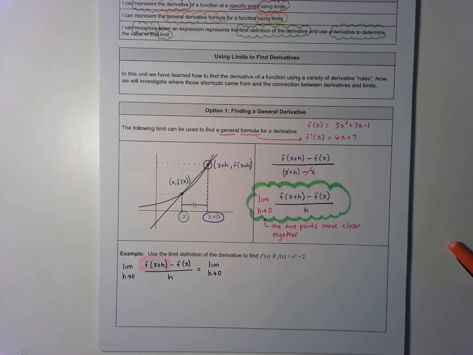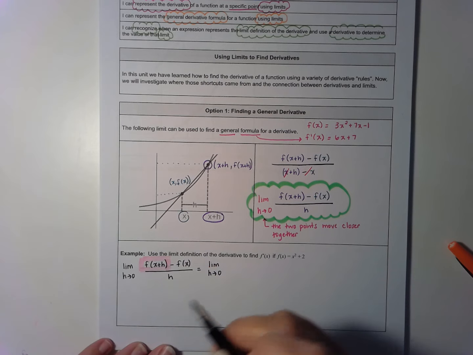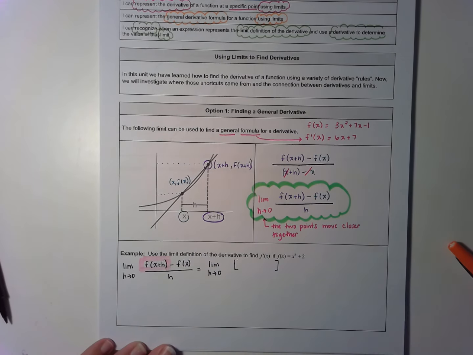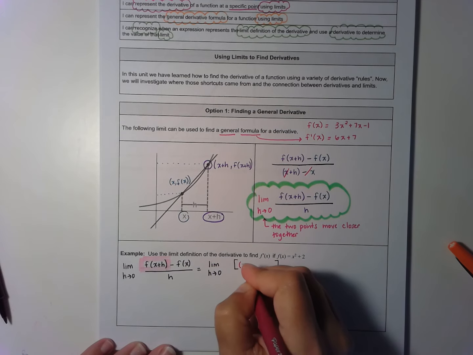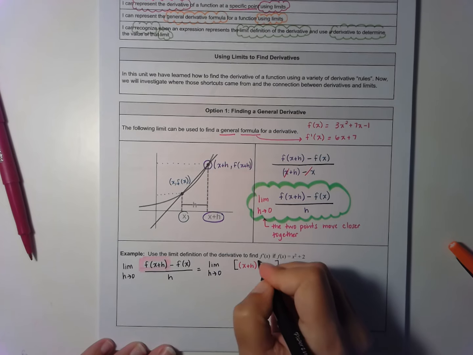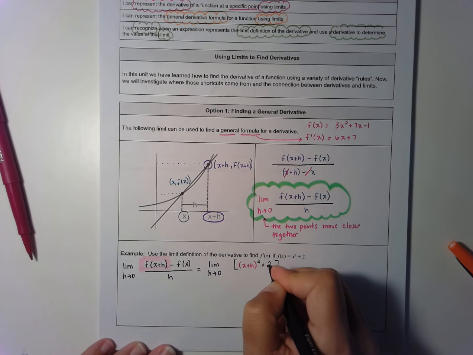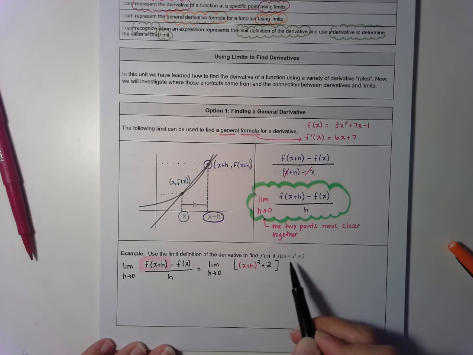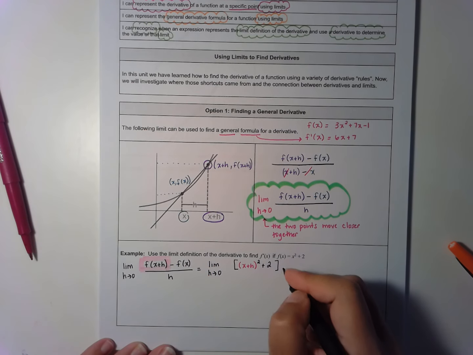What that means is take the x plus h and plug it into your x squared plus 2. So instead of x squared plus 2, I'm going to have x plus h squared plus 2, because if this says f of x plus h, it means replace the x with x plus h.